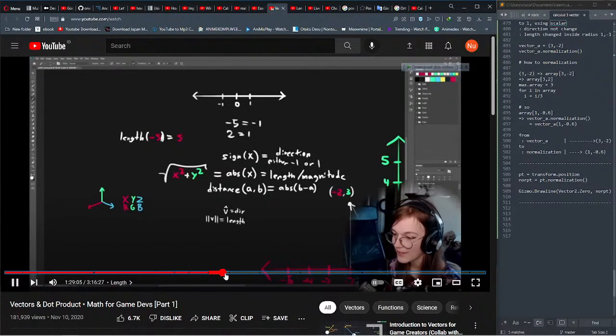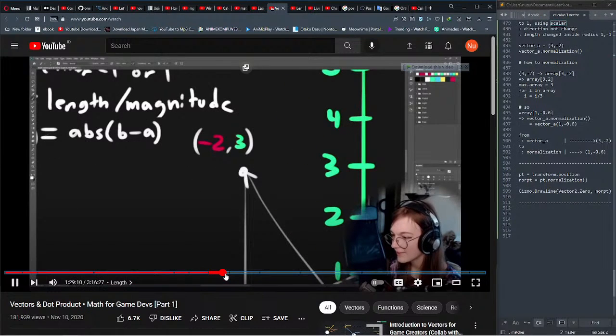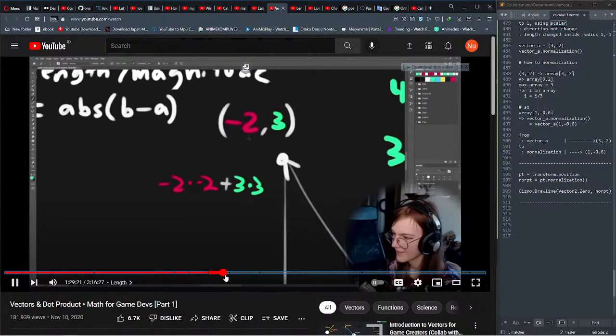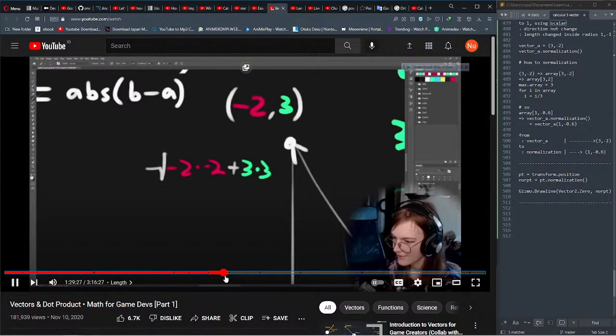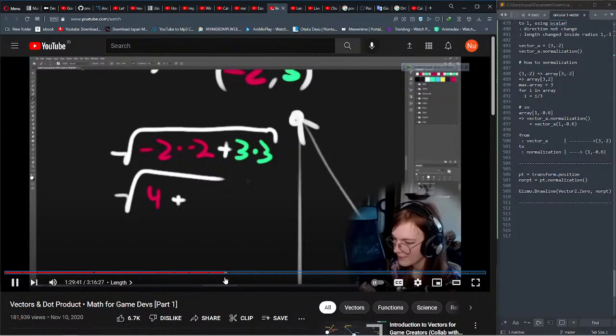Okay, cool. Now we can actually do the math. To get the length of this vector, it's -2 times -2 plus 3 times 3, and then we take the square root of that. So -2 times -2 is 4, plus 3 times 3, which is 9.